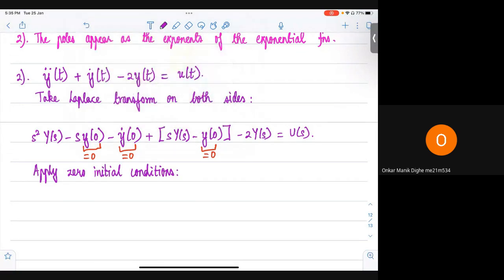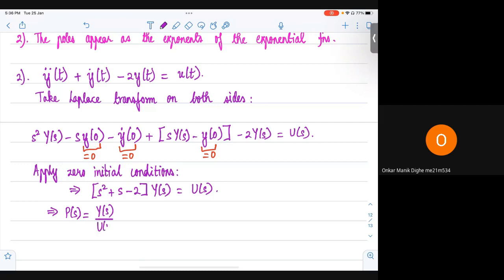Once we have that, we can immediately see that this equation simplifies to s squared plus s minus 2, the whole thing multiplied by Y of s, equal to U of s. If we cross multiply, we get the transfer function P of s, which is the Laplace of the output variable to the Laplace of the input variable under zero initial conditions, as 1 by s squared plus s minus 2. This is the system transfer function for this example.